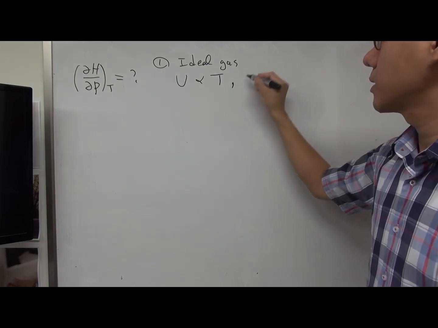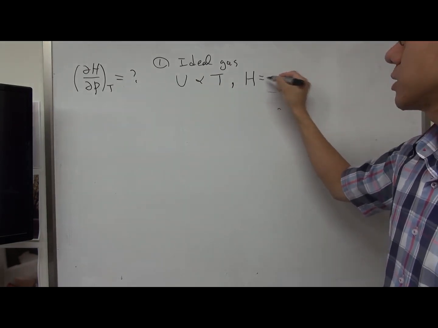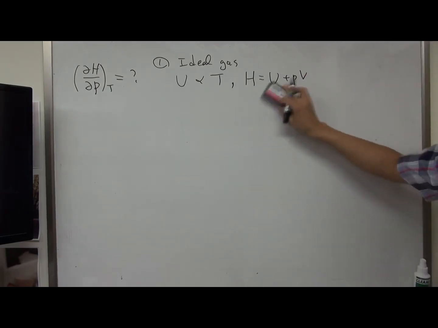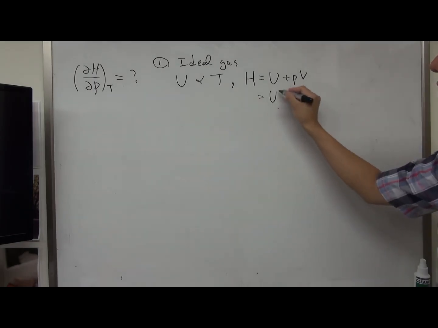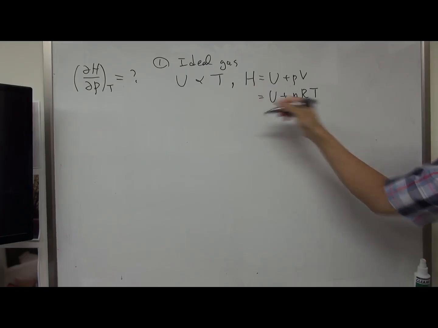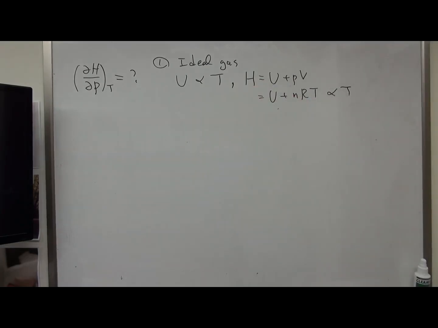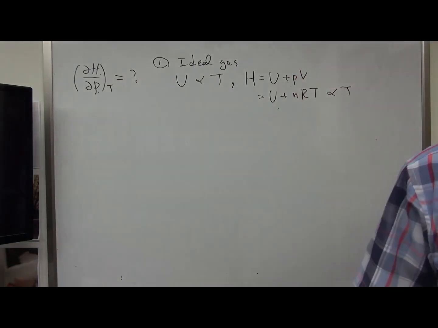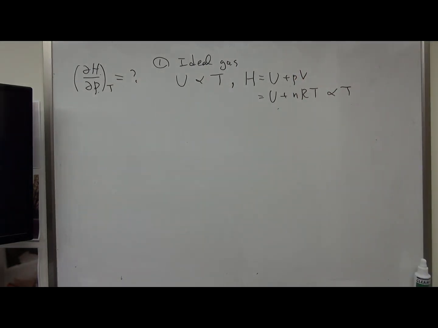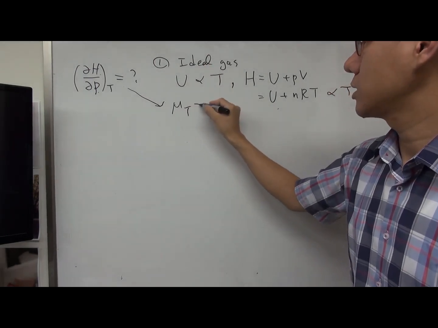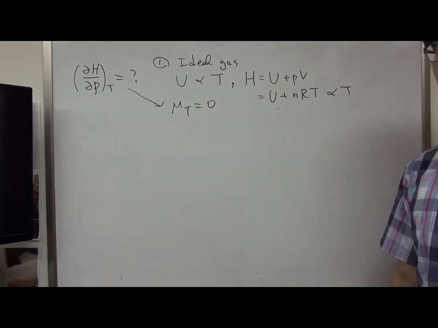H is defined as U plus PV, which is U plus nRT. Which means that also enthalpy only depends on temperature. So enthalpy does not change as a function of pressure. So for ideal gas, this one, mu T is 0. Don't need to worry about it.